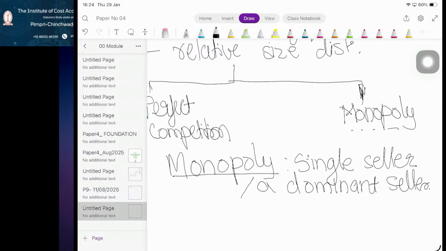Okay, it is called a monopoly situation. Write two examples for this.